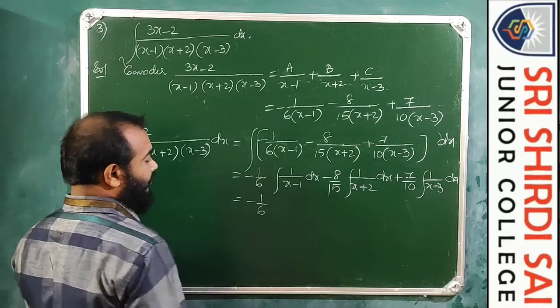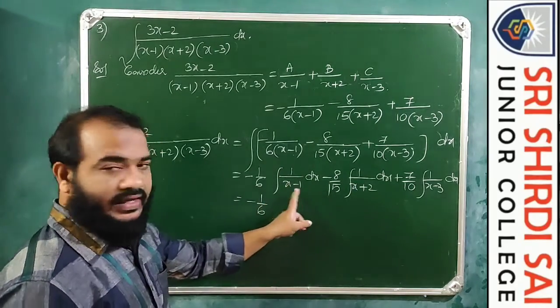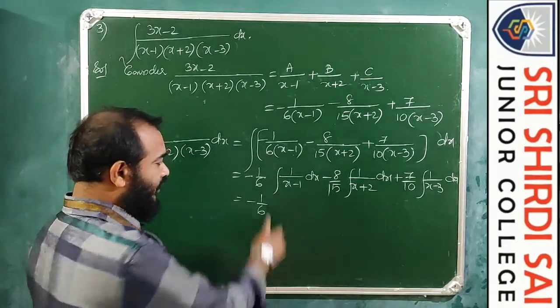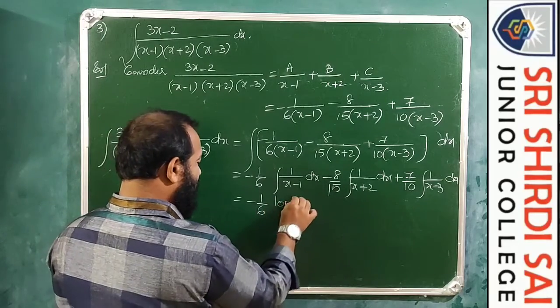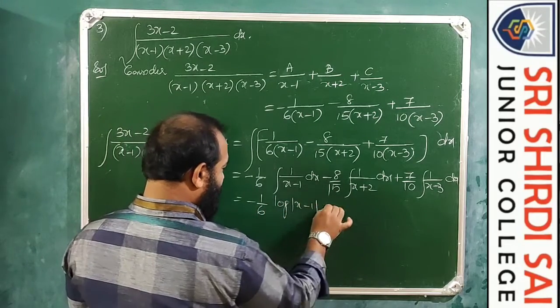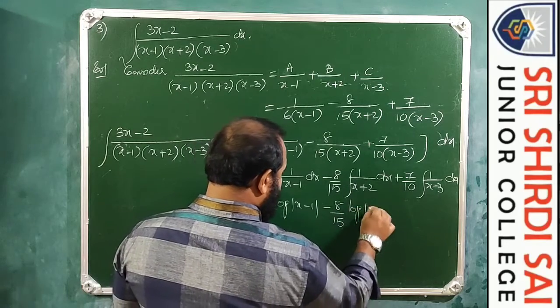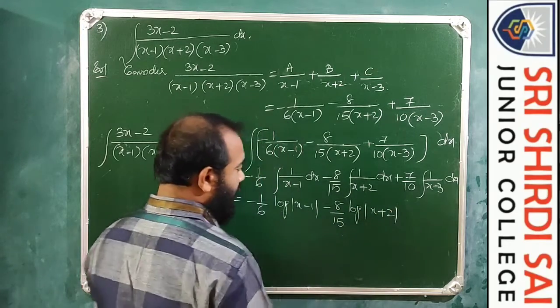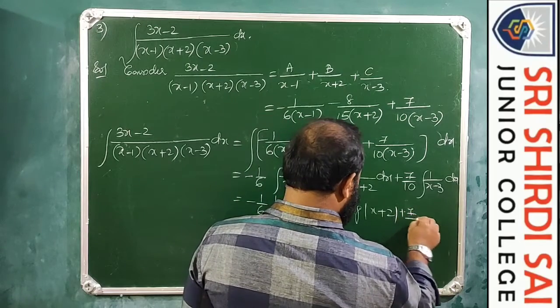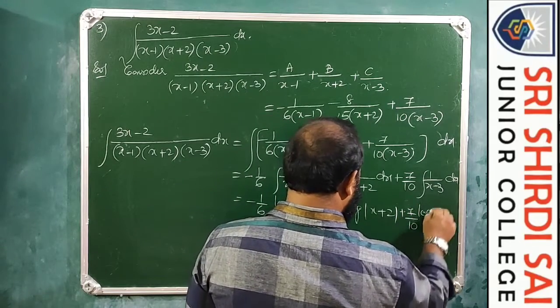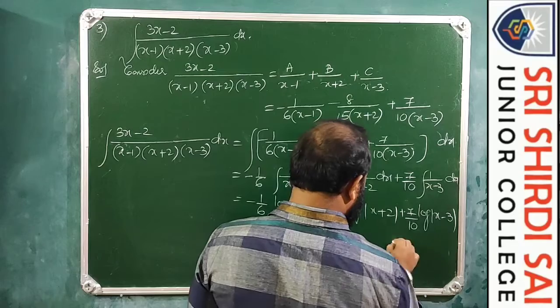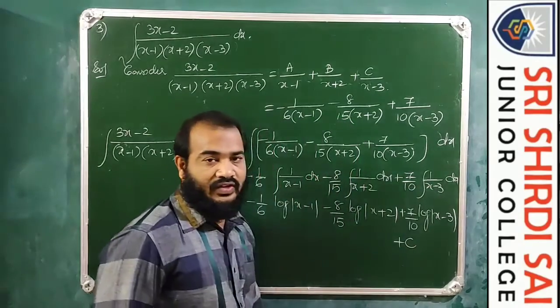Integral 1 by x dx is log mod x. So integral 1 by x minus 1 dx is log mod x minus 1. The result is minus 1 by 6 log modulus of x minus 1, minus 8 by 15 log modulus of x plus 2, plus 7 by 10 log modulus of x minus 3, plus constant of integration c.